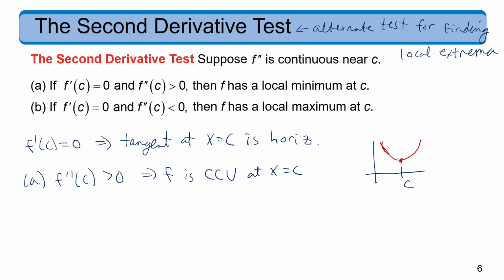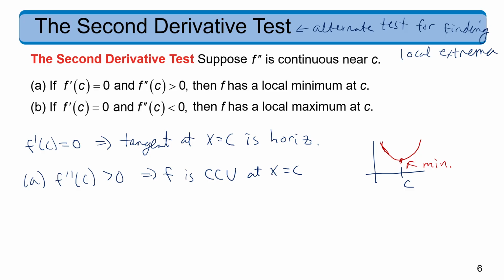Now notice that forces a local minimum at c. And that's exactly what part A says. If f prime of c is 0, meaning the tangent's horizontal, and the second derivative at c is positive, which makes it concave up, then the graph of f must have a local minimum at c.